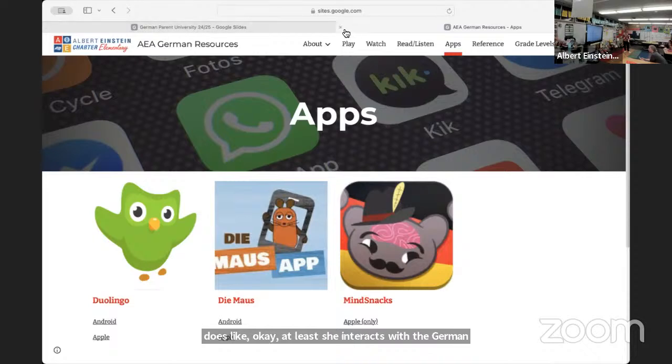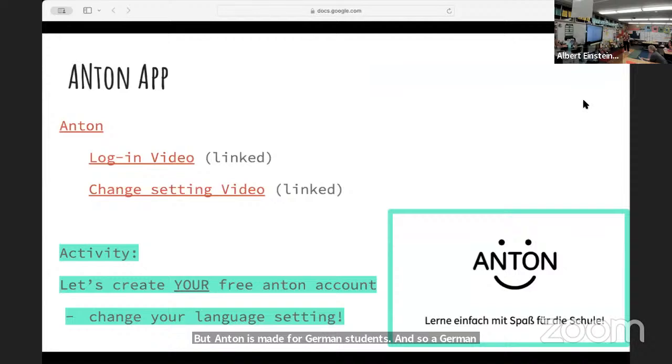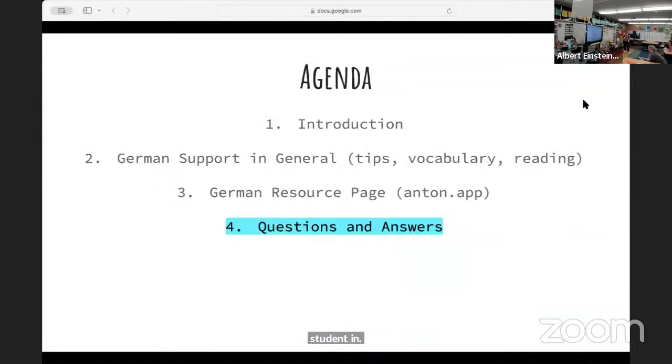But Anton is made for German students. A German student in first grade goes in here, like he goes to a German Grundschule, and he or she does letters, the sounds, little reading things.